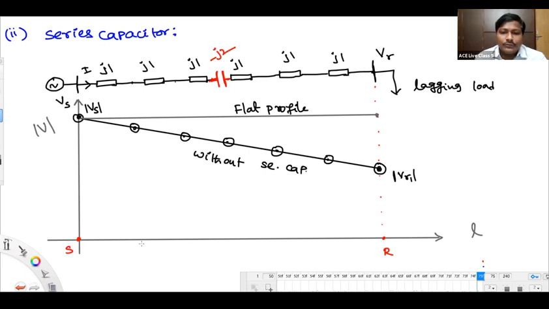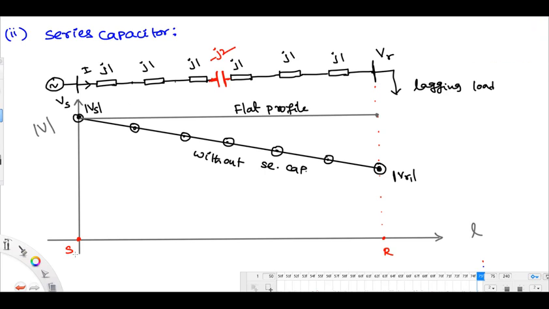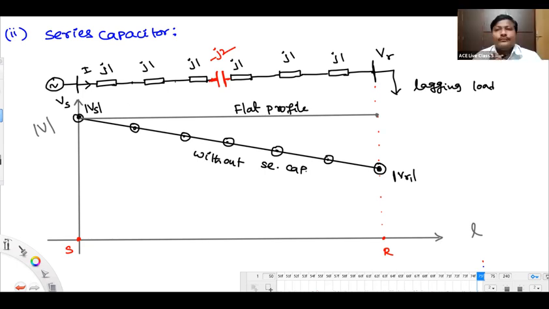Very simple question to you. After adding the series capacitor, what will happen to the current in the line?